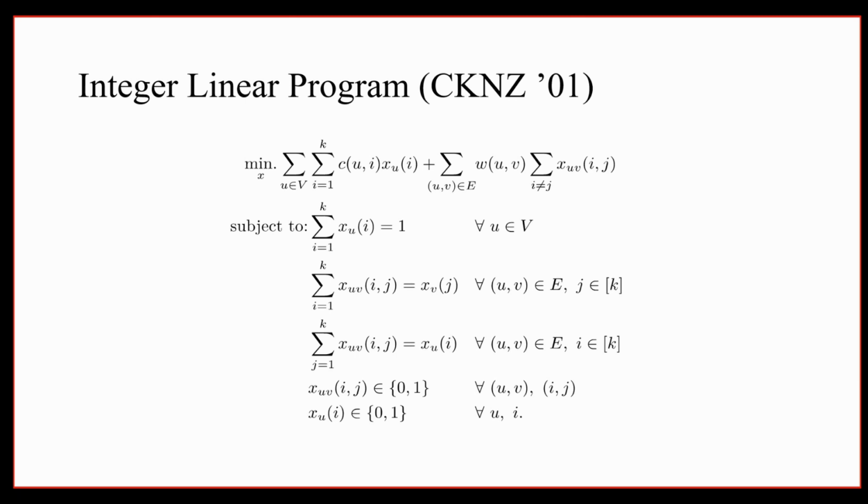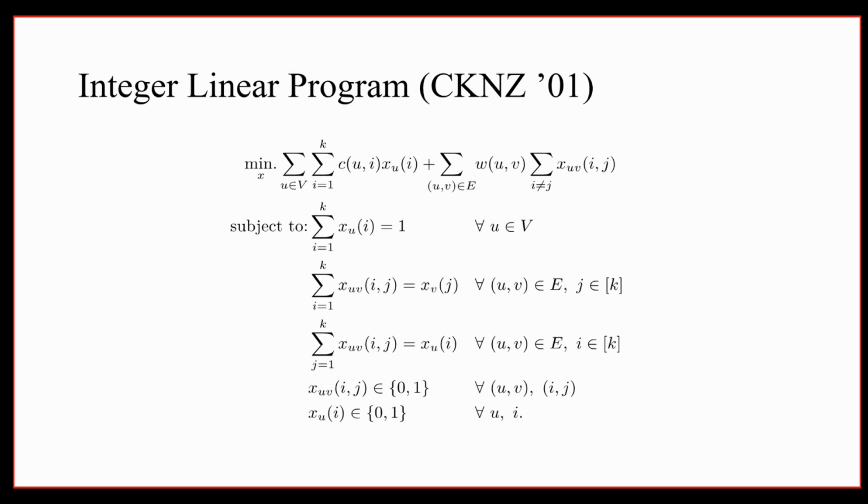Basically, for every vertex, there is only one label which has 1 and everything else is 0. Whatever is 1 is your corresponding label. And if you just relax these to be between 0 and 1, instead of exactly 0, 1, you get a linear program.